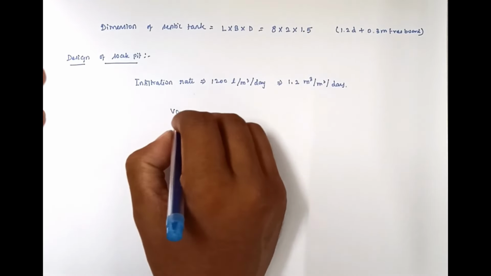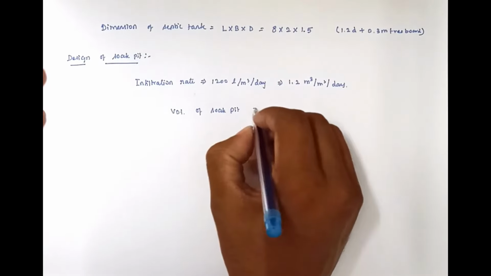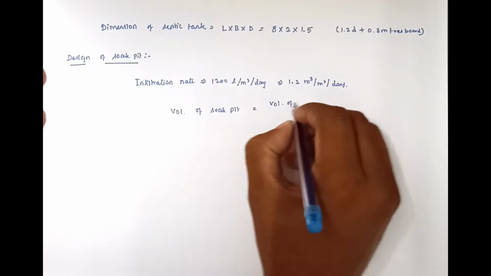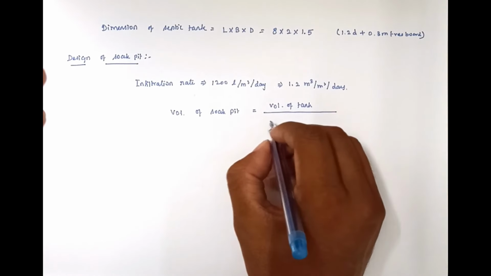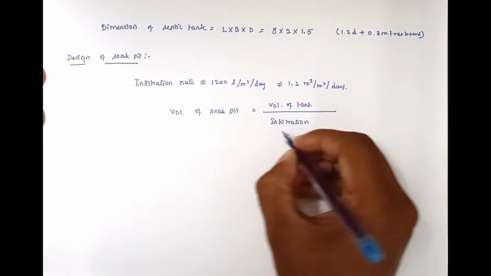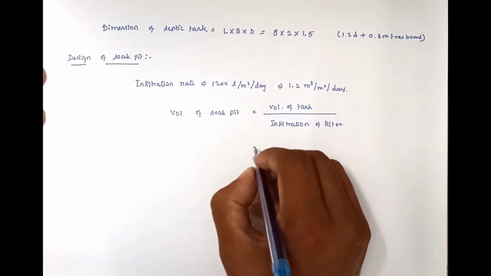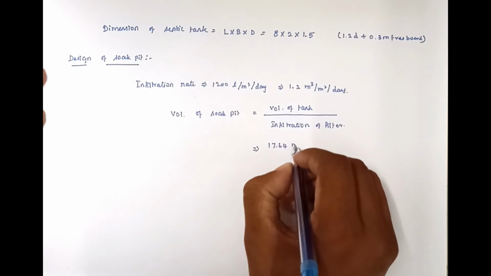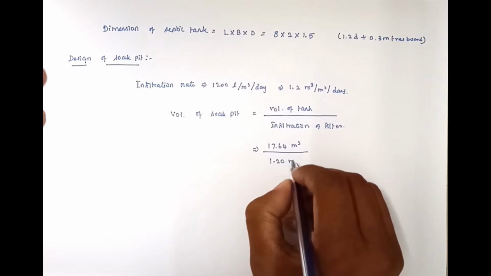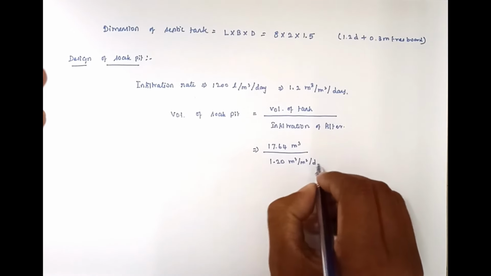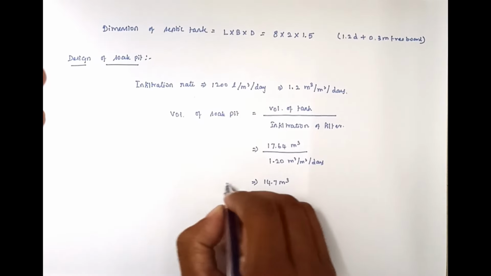Now the volume of the soak pit equals the volume of tank divided by the percolating capacity, the infiltration. So 17.64 meter cube is the total volume of the tank, and the infiltration is 1.20 meter cube per day. So the value is 14.7 meter cube, the volume of the soak pit.